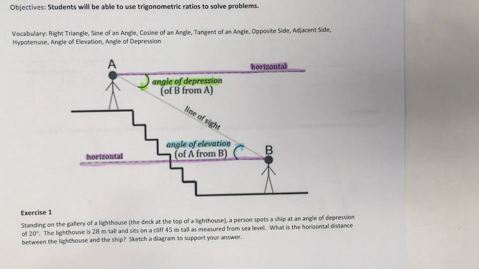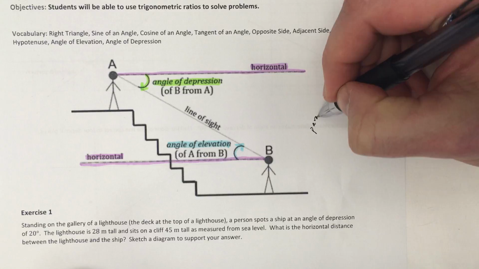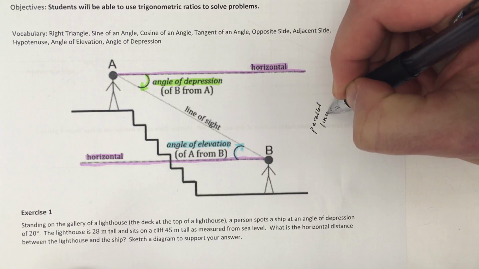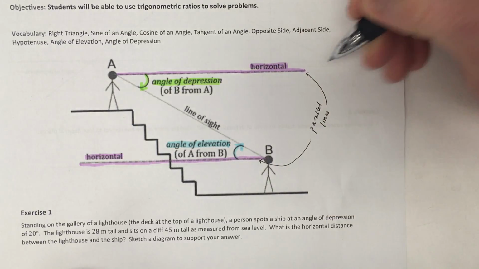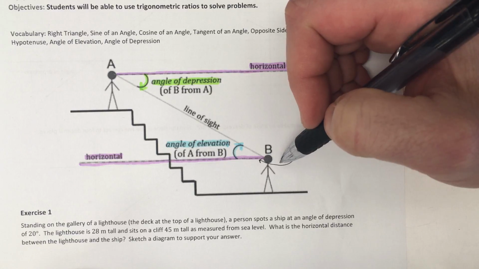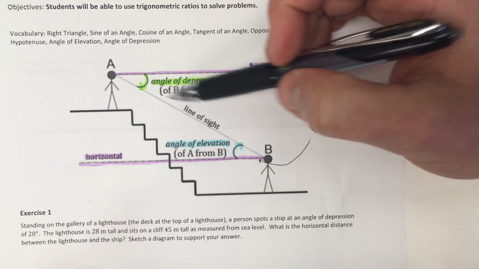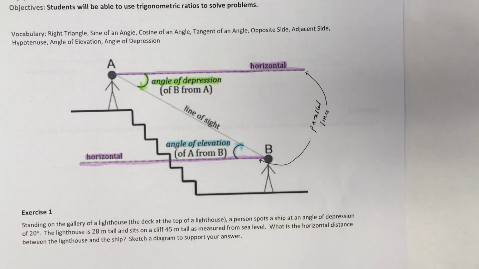Now what's really nice is the horizontals are parallel lines. So this horizontal and the other horizontal are parallel lines cut by a transversal. We should know by now that if parallel lines are cut by a transversal, alternate interior angles are equal. That helps prevent mathematical errors, but we really do need to ensure you understand those two definitions.